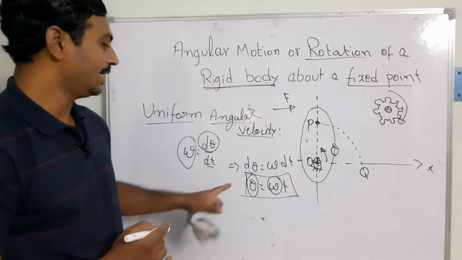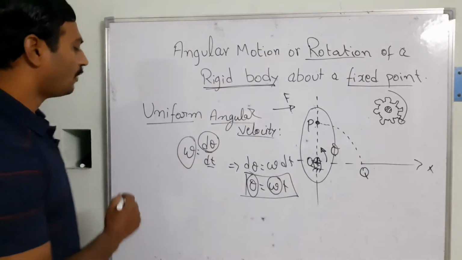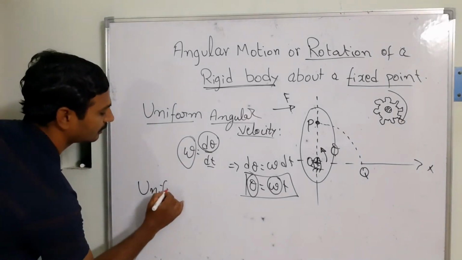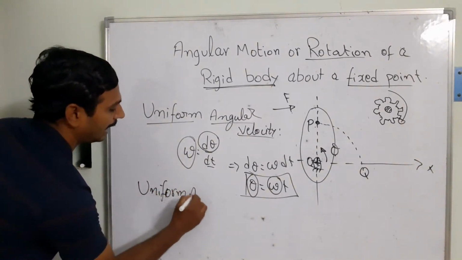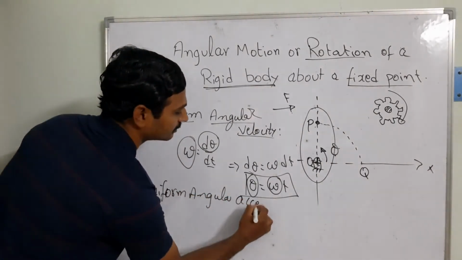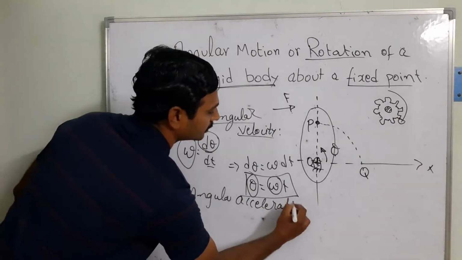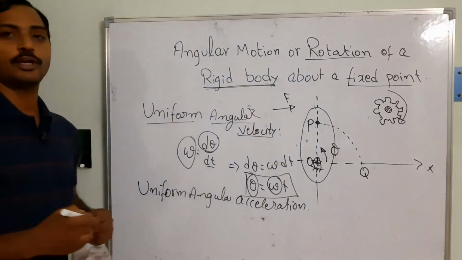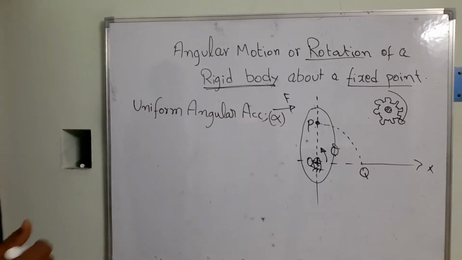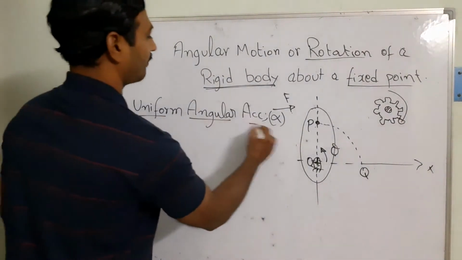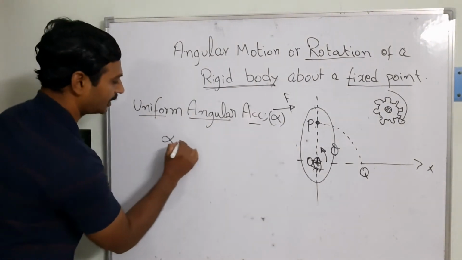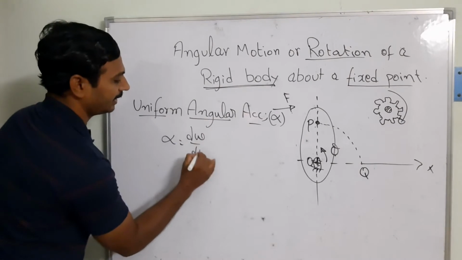Similarly, there is uniform angular acceleration. How are we going to calculate this equation? In this condition, for uniform angular acceleration, the formula we know is alpha is equal to d omega by dt.